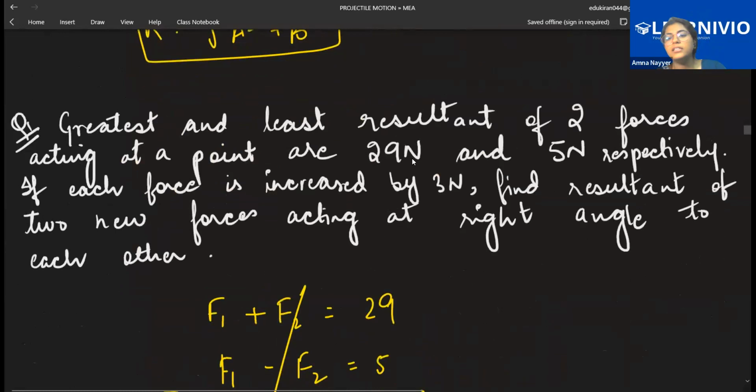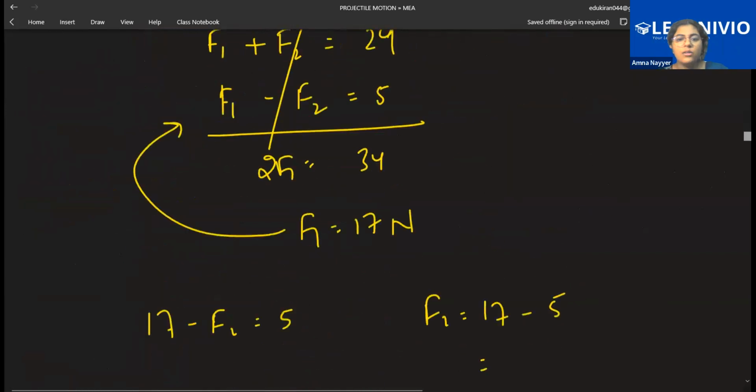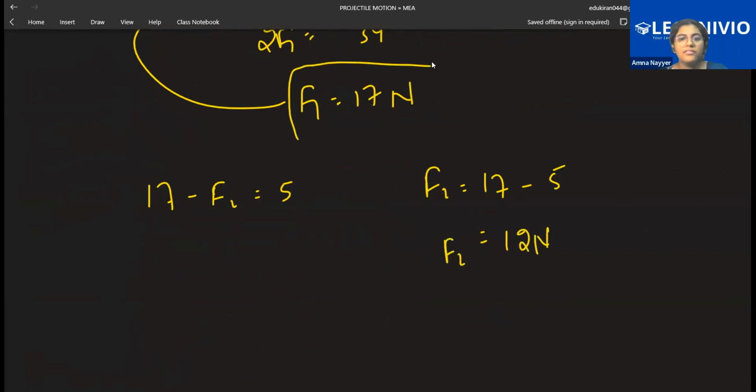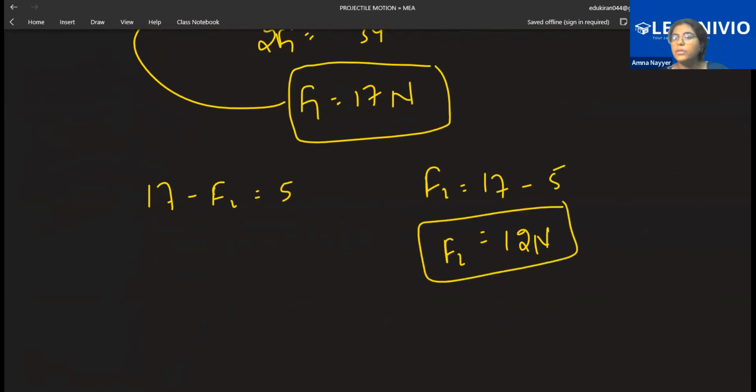We have not even entered the third line; we are just substituting from the first two lines only. So let us at least find out what the original forces were. So this becomes 12 Newton. So we have the value of F1 and the value of F2 now.